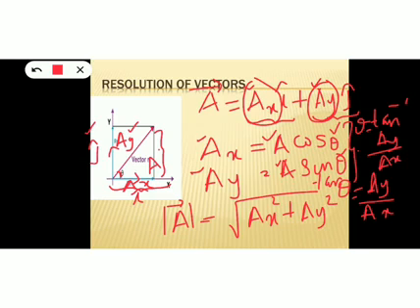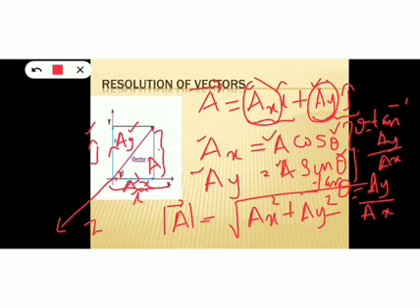Okay, so this is about the resolution of vectors. So how will you find the magnitude of a vector? It can be found using this equation, square root of ax square plus ay square. And suppose the vector is 3 dimensional, that means one more dimension is there, the z-axis is also there. Then how will you find the magnitude of vector A?